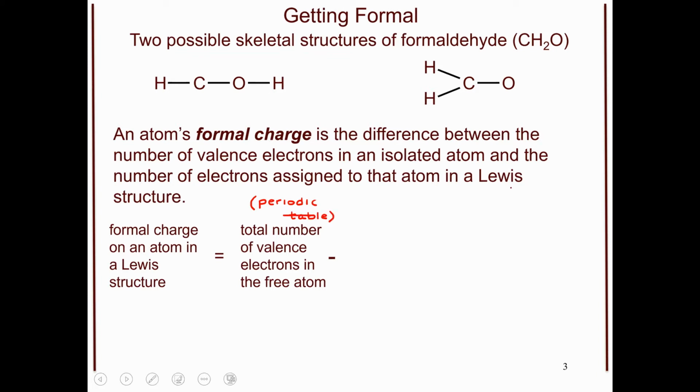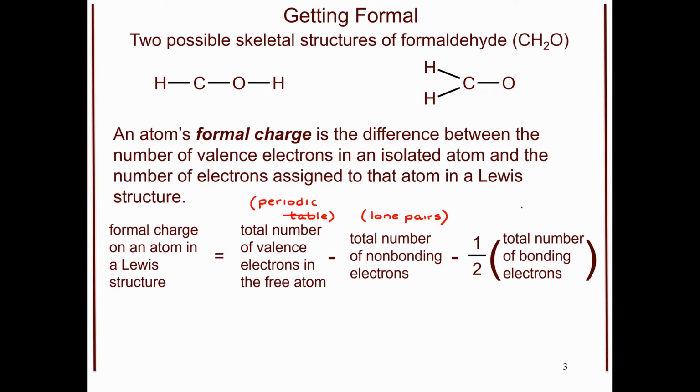Then you're going to subtract the total number of non-bonding electrons. These are your lone pairs. These are electrons assigned specifically to that atom that are not being shared with any other bonding atom. And then finally, 1/2 the total number of bonding electrons. So this is 1/2 of our bonding pairs.